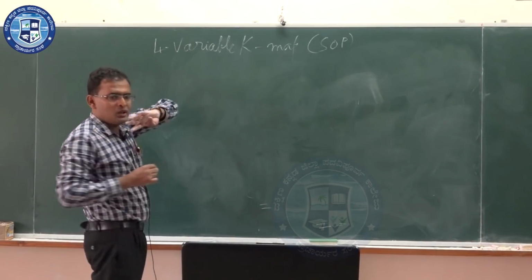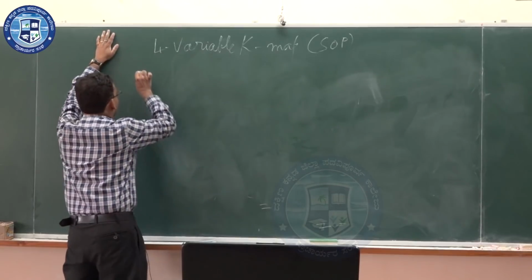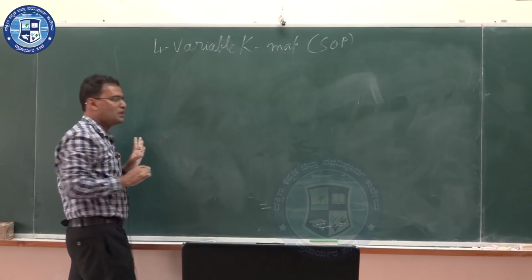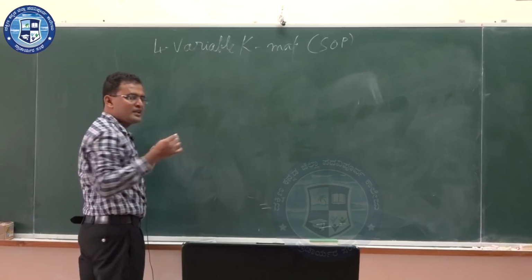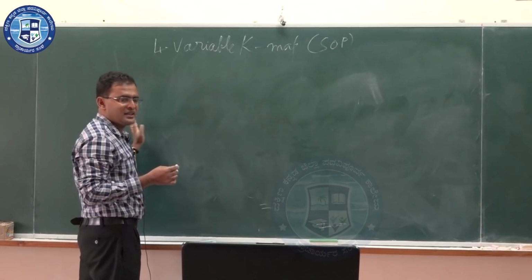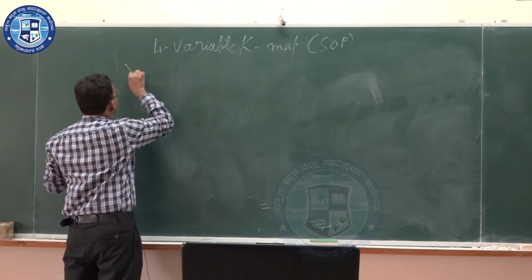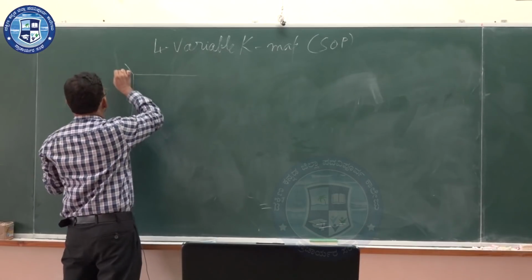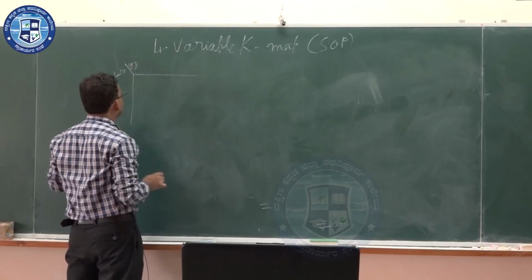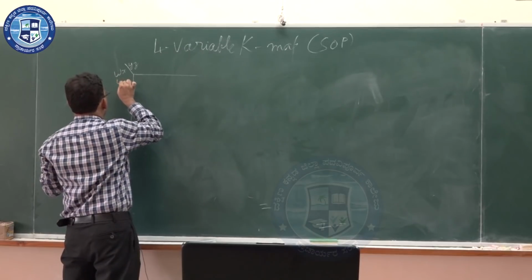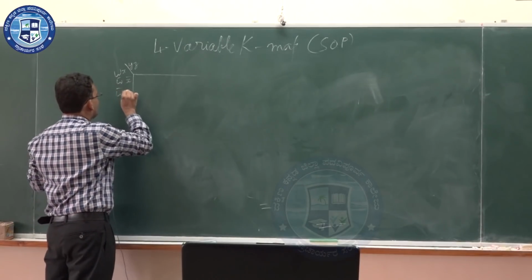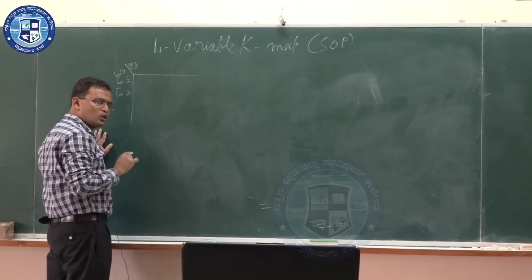So, for a 4 variable K-map, let me draw the general K-map. 4 variable means, remember, there will be 4 literals or 4 variables. So, I could take W, X, Y, Z or A, B, C, D, anything. Right now, I will take W, X, Y, Z. So, first I write W bar X bar, W bar X. Remember what I told in the 3 variable K-map?